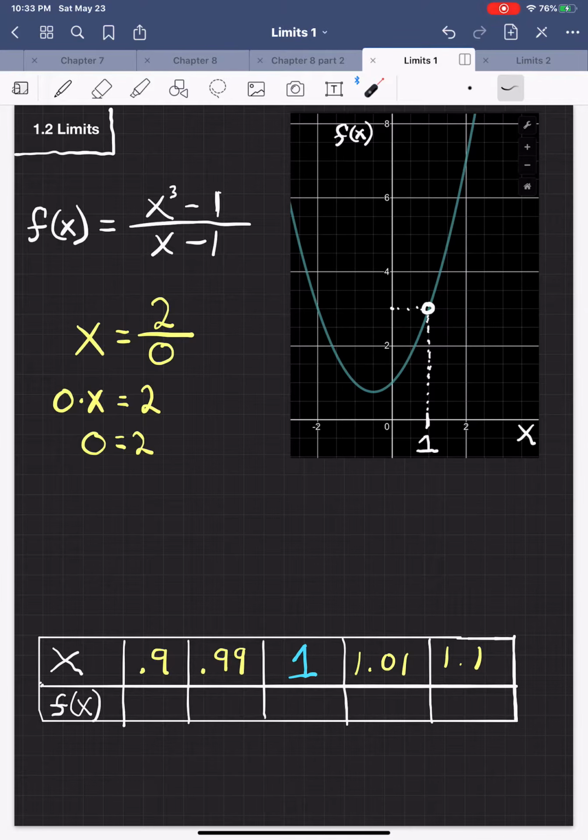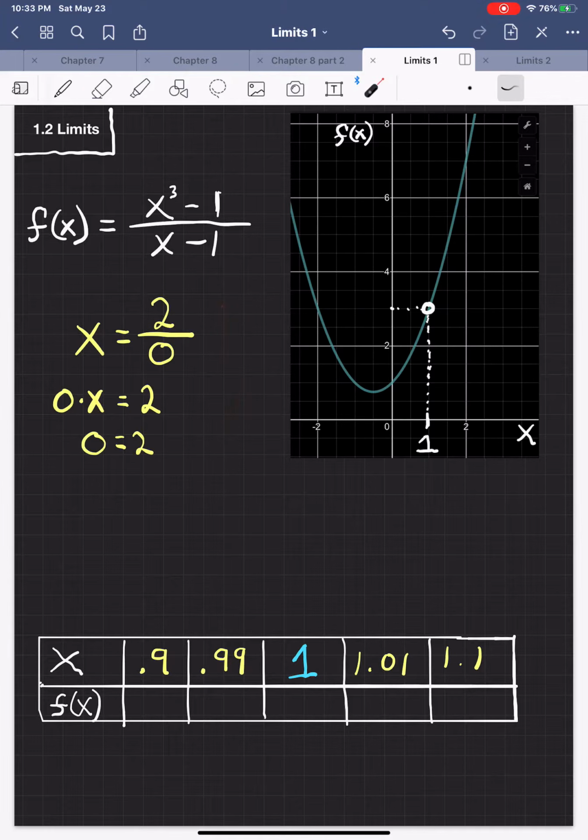But if you would like to keep the law of identity, if you would like to continue stating that 0 is different than 2, then we are forced to not allow division by 0. So it's all about what axioms you would like to keep. If you'd like to keep the law of identity, then you cannot have division by 0.